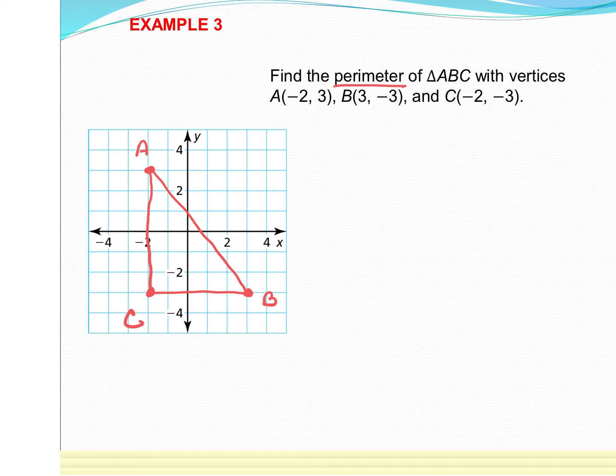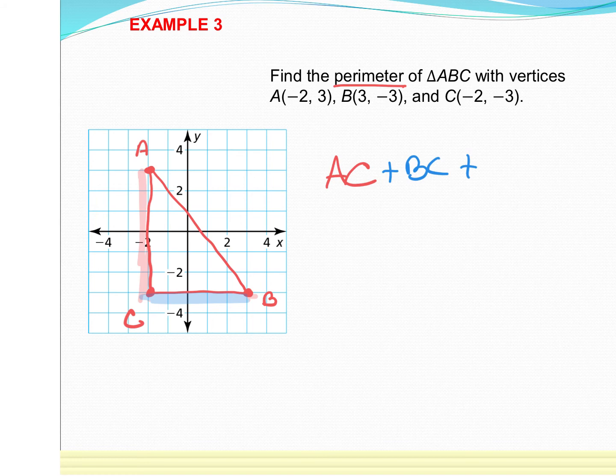So let's do segment. So really what we're doing here to find this perimeter is I need to add AC plus side BC, this one here, plus side AB.